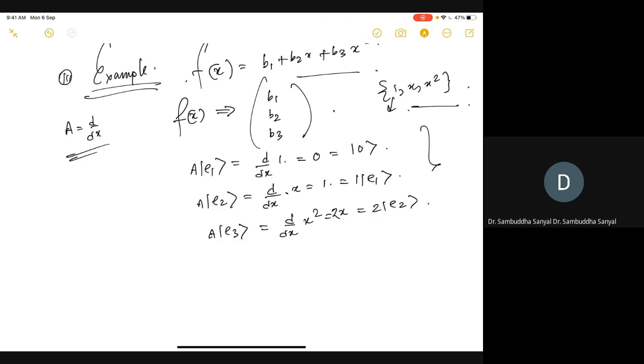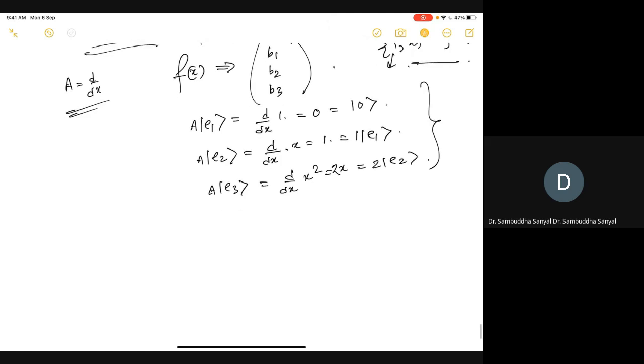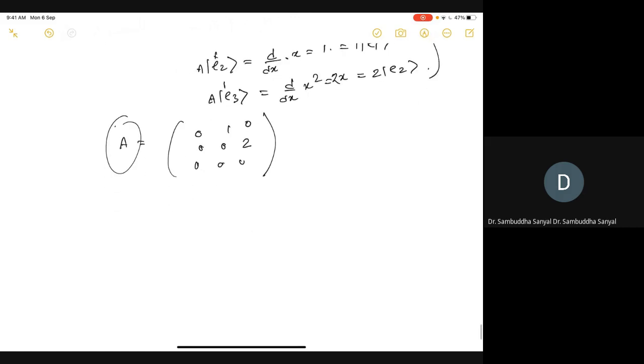So this is how the operator acts on this basis. So clearly the matrix representation of A in this basis must be 0, 1, 0; 0, 0, 2; 0, 0, 0. Because then you can act this form of A on e1, e2 and e3 and get your desired outcome.